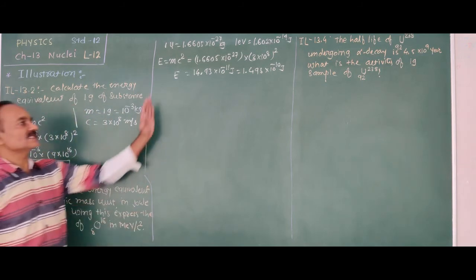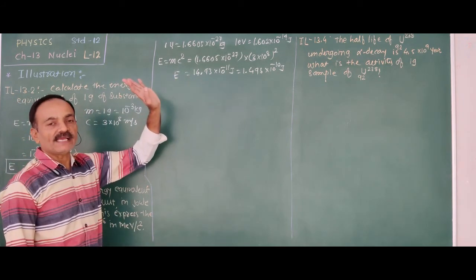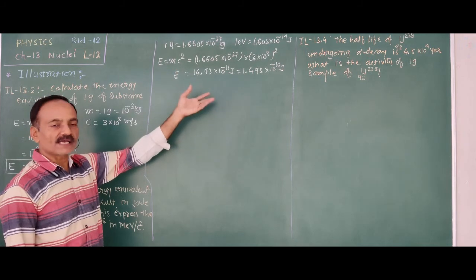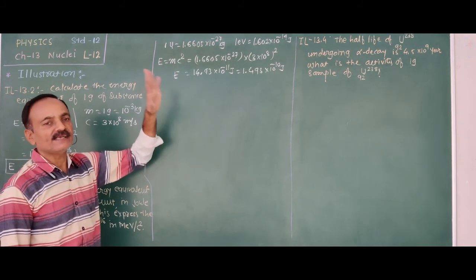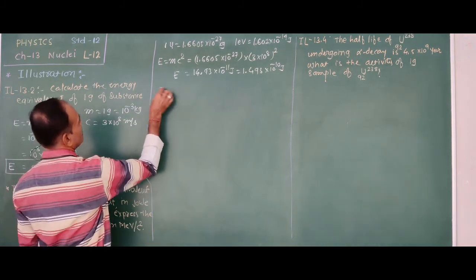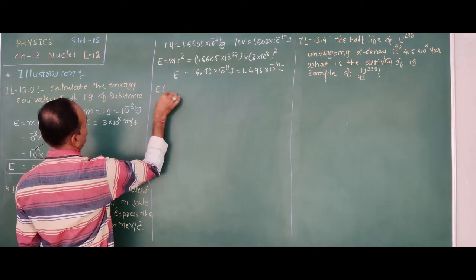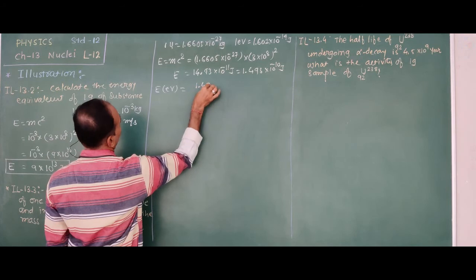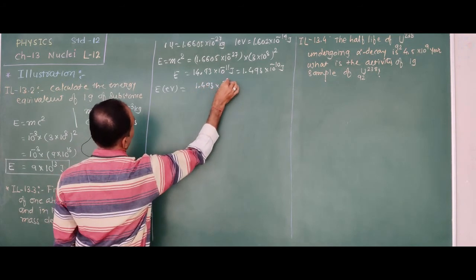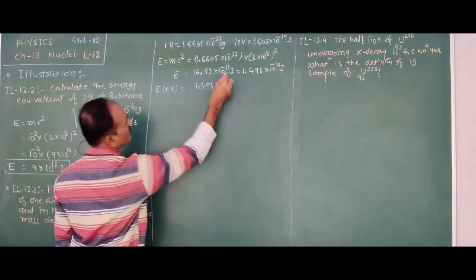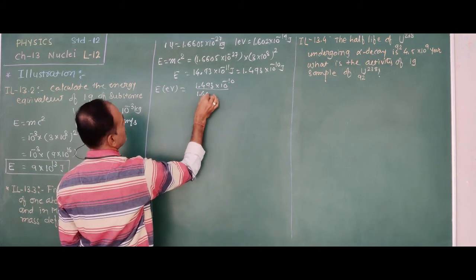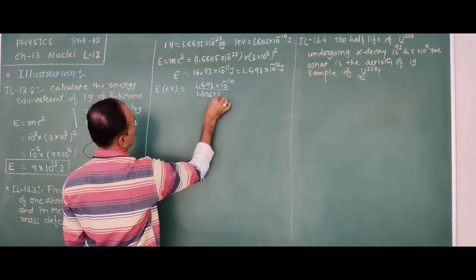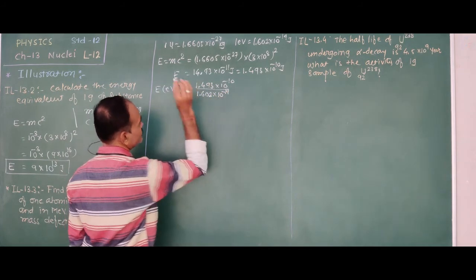Now we convert this energy into mega electron volt. First we convert into electron volt and then into MeV. Therefore, E in electron volt is equal to 1.493 into 10 raised to minus 10 upon 1.602 into 10 raised to minus 19.